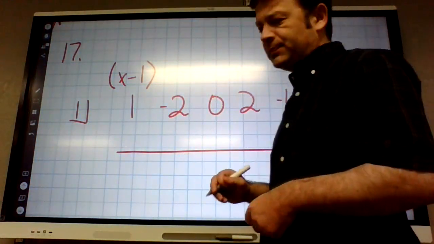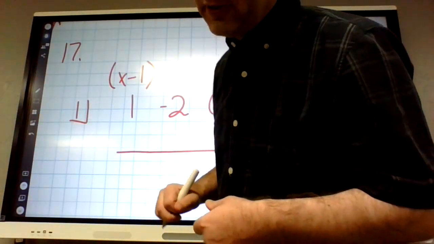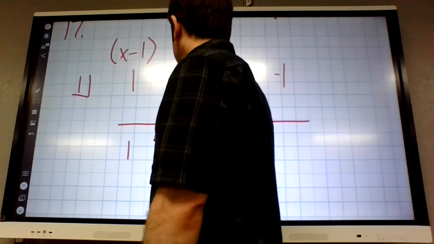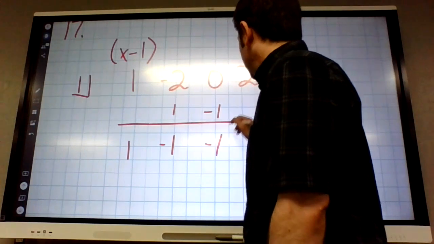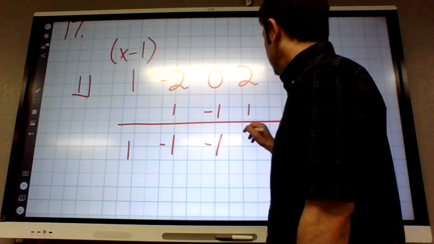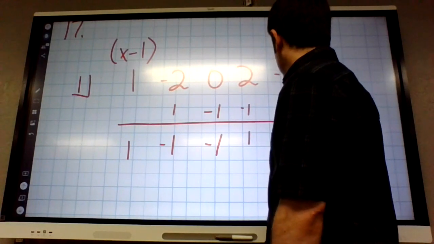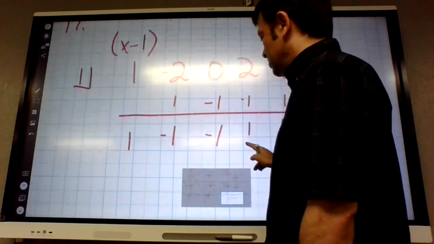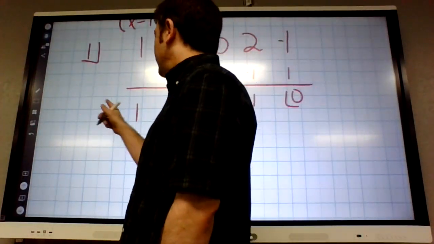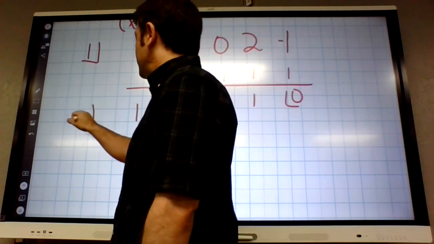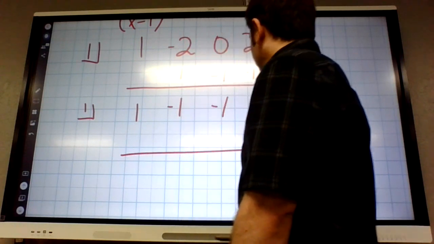That's a negative 1. Did I copy everything else right? Okay, here we go. This represents an x to the third, but it doesn't matter. I'm just gonna divide by x minus 1 again by putting 1 in the box.